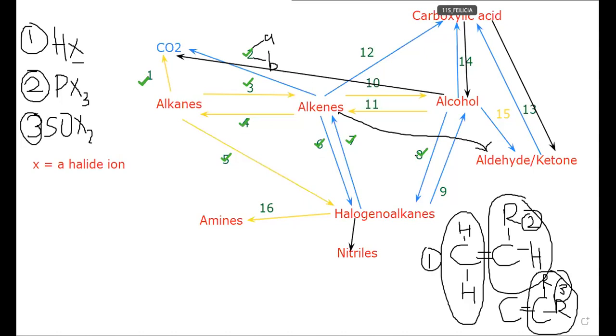Now number 9 is halogenoalkanes become alcohol. This halogenoalkane becomes alcohol. What is the reagent and catalyst?